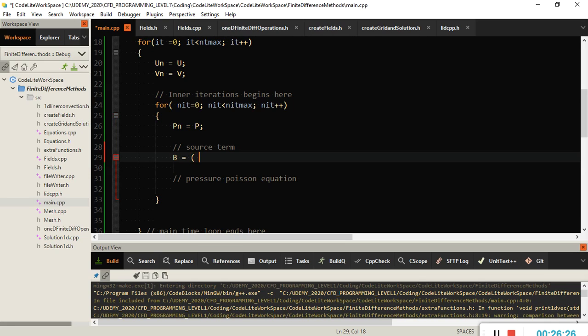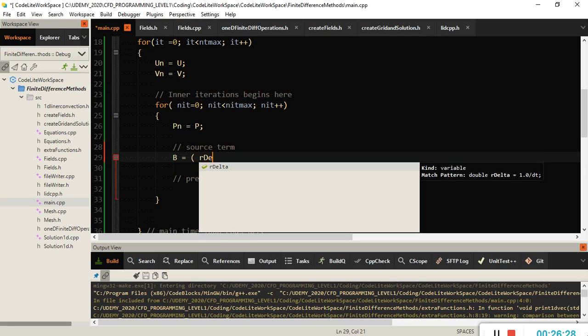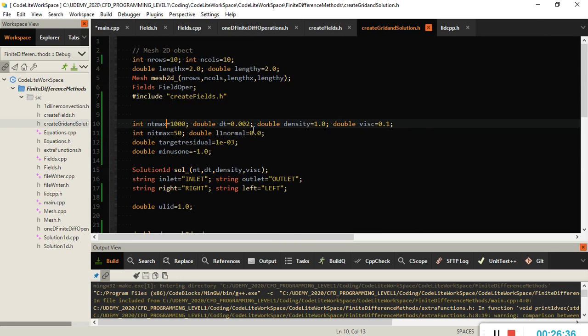So let's say that B is equal to, first let's write the divergence term, which is R delta, or 1 over delta T. So R delta is equal to 1 over delta T, which I can show you again from here.